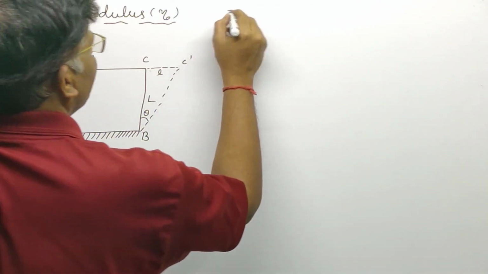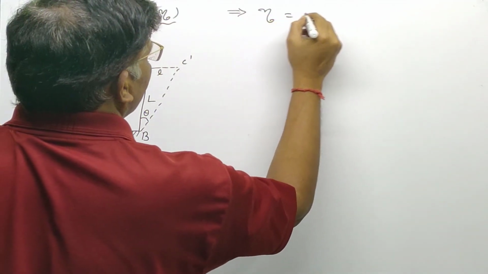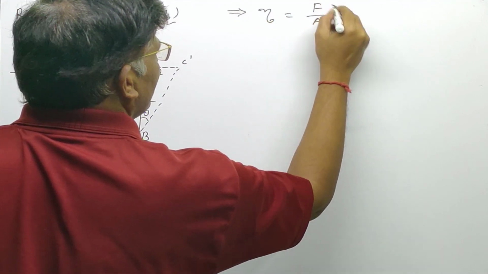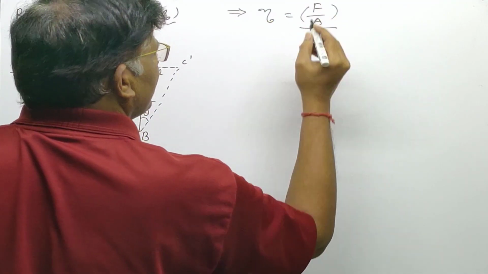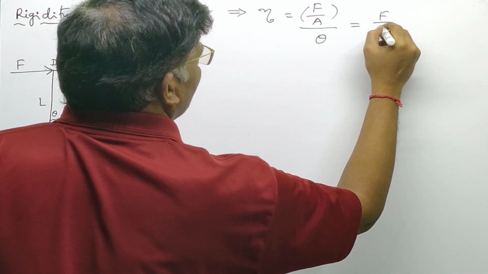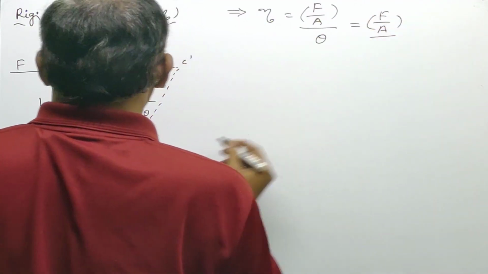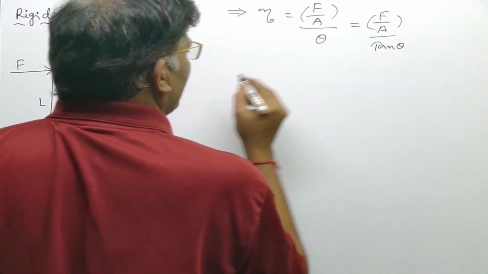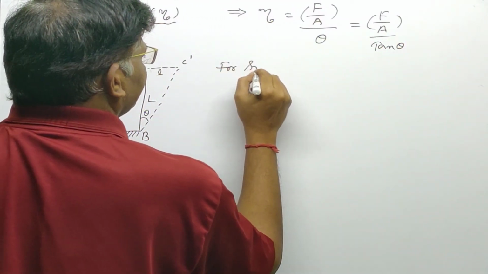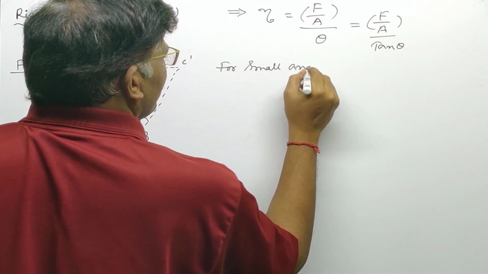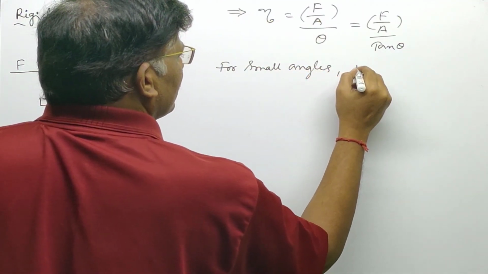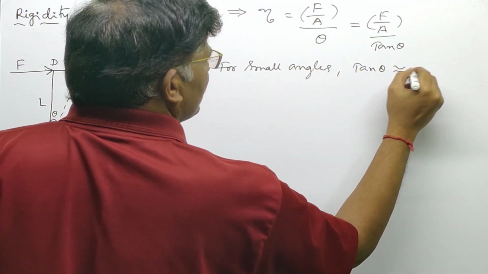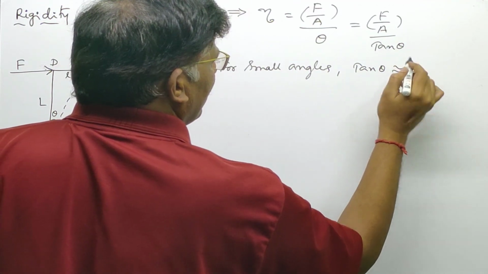So eta is equal to stress, as usual F by A, divided by theta, or that is equal to F by A divided by tan theta, because for small angles tan theta is approximately equal to theta.